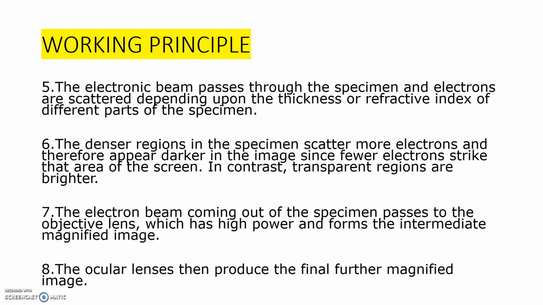When the electron beam passes through the specimen, electrons get scattered. This depends upon the thickness of the specimen or the refractive index of the different parts of the specimen.